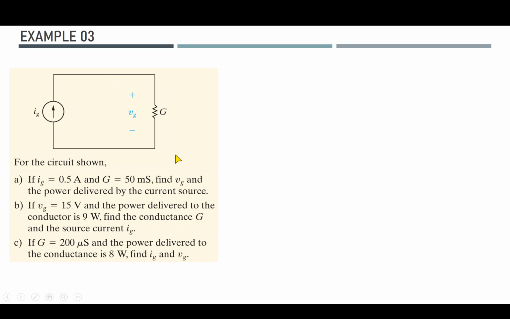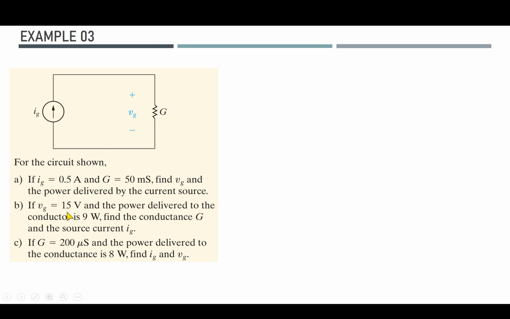So in example 3, we are given a circuit in which we have an independent current source connected in series with a conductance, which is the reciprocal of resistance. If Ig is 0.5 amps and G is given as 50 millisiemens, find Vg and the power delivered by the current source.